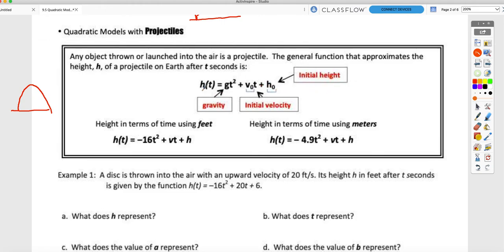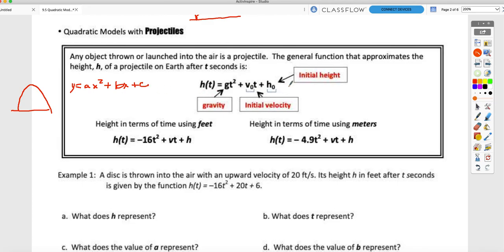So, please notice, this is a quadratic in standard form. Instead of y, I've got height over time, and that g would normally be ax squared plus bx plus c.